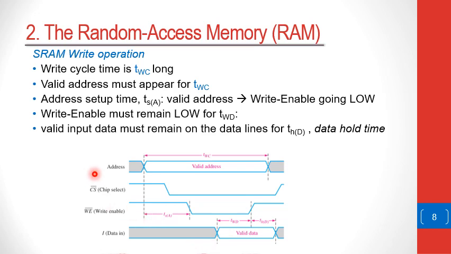So typically what happens is that when data is written into the memory, first of all the chip select will go low, and then the write enable will go low so that the memory can accept incoming data. And then after some time, the valid data will be displayed on the data bus.